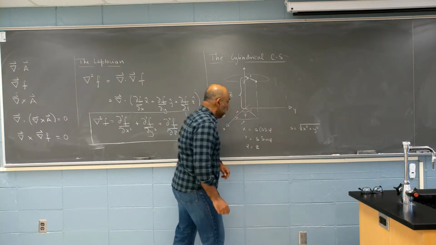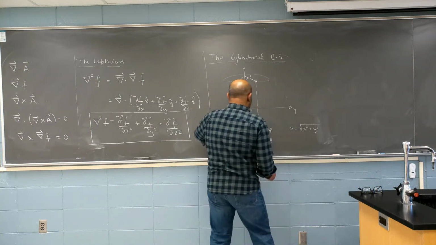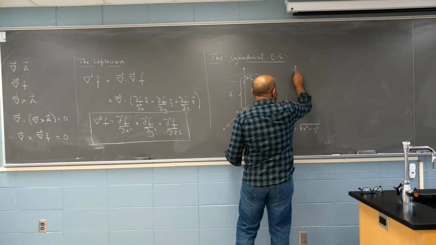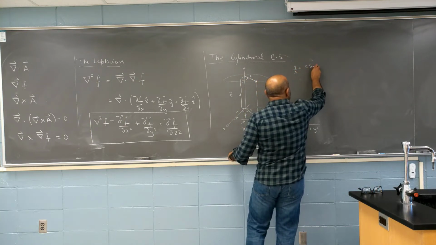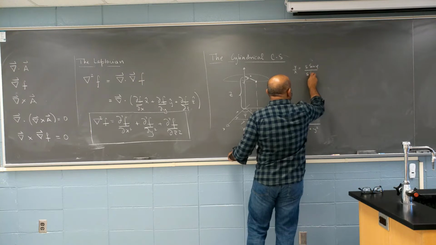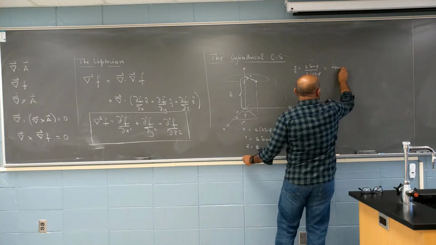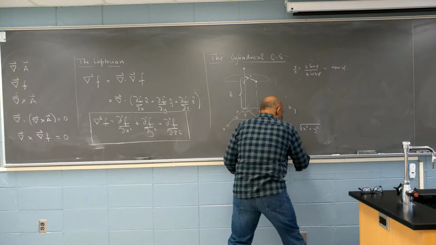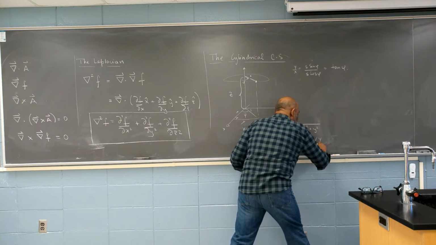So I get that. Now, phi, it's easy. If I do y over x, I get s sine phi over s cosine phi, and that's just tangent phi. So you can say phi is tangent inverse y over x.